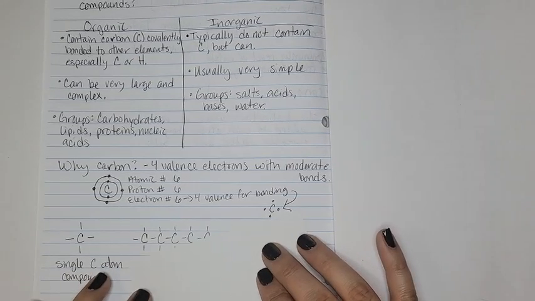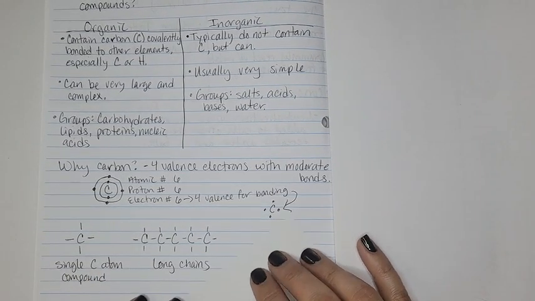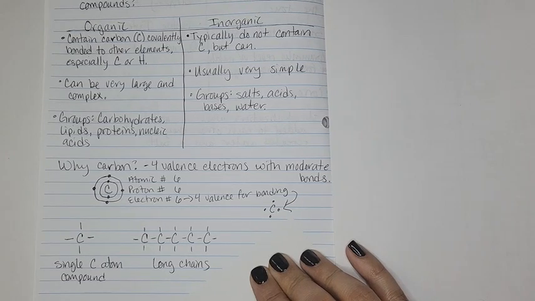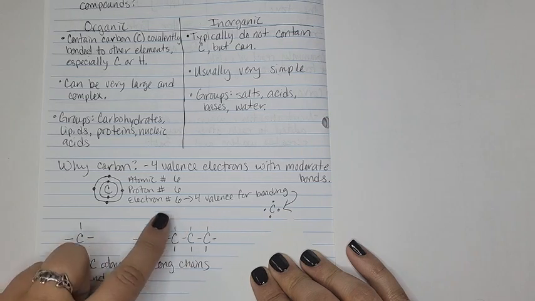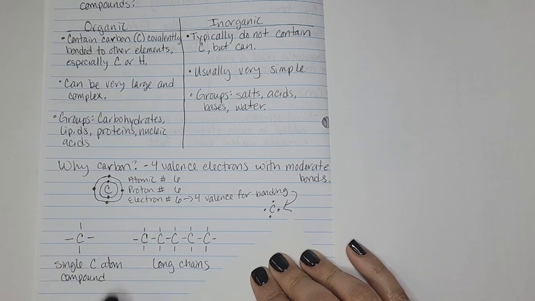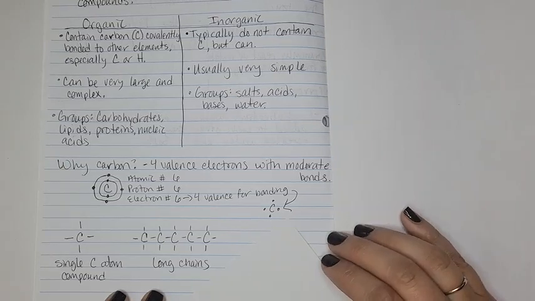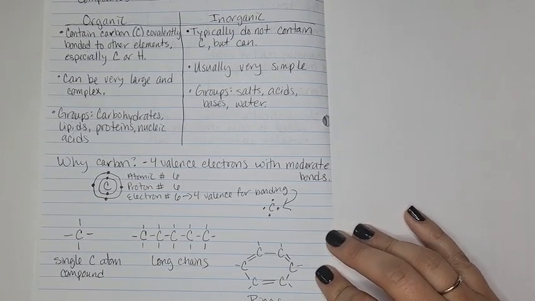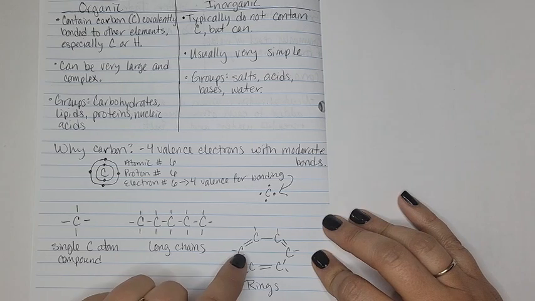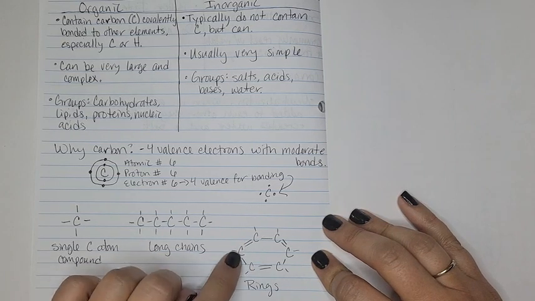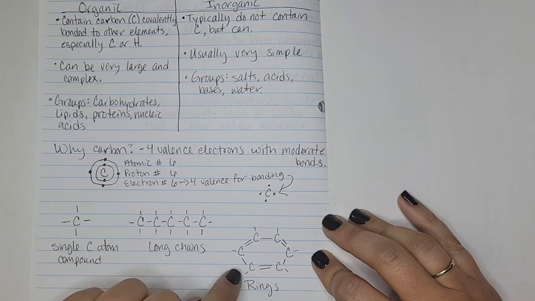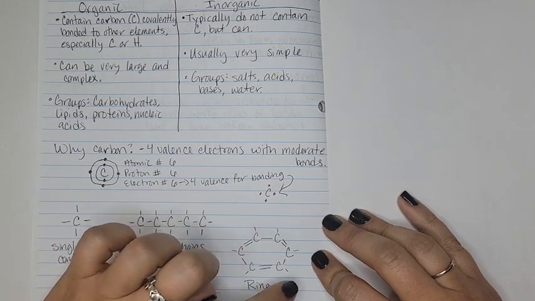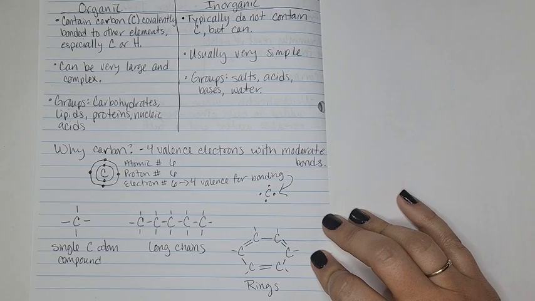Carbon can also create really long chains, incredibly long chains of carbons all bonded together with other elements and ions on these outsides to help create our large macromolecules for life. And carbon can form rings where we have double bonds between carbon atoms or single bonds, and still space for other types of atoms and elements to come and attach.